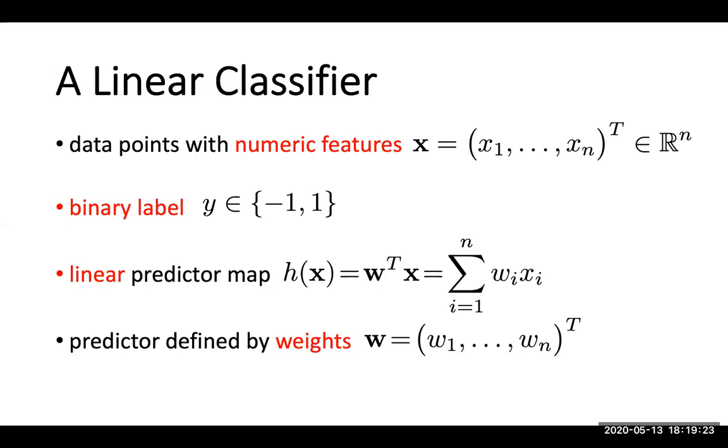And again, the first candidate for such a hypothesis space is the set of all linear functions. You might remember that we heard about linear functions already last lecture on regression methods. And indeed, we can use the same hypothesis space as we used for linear regression, now for classifiers.